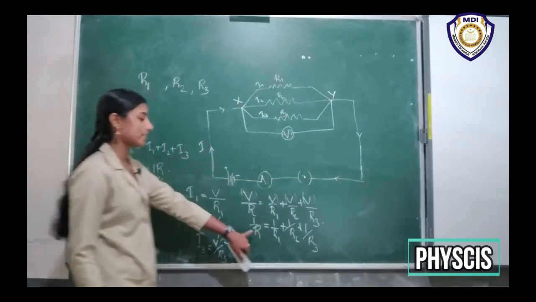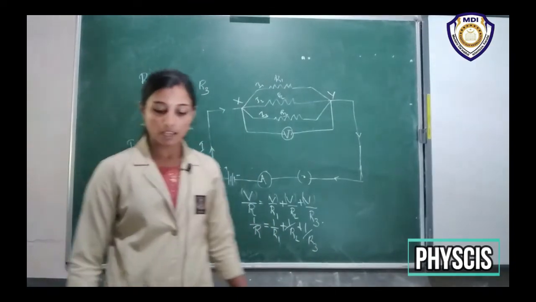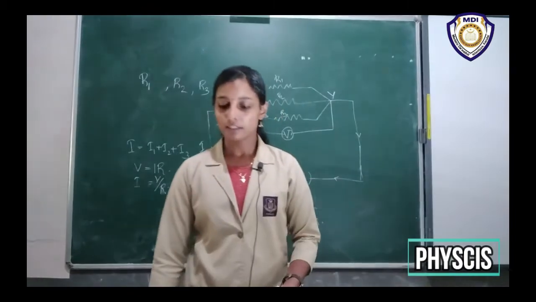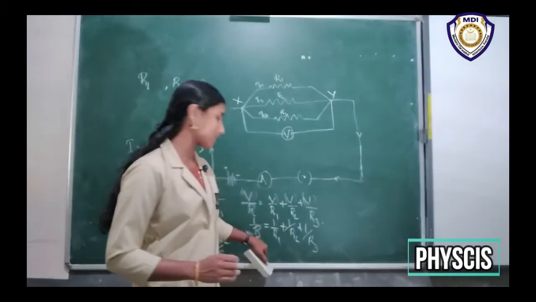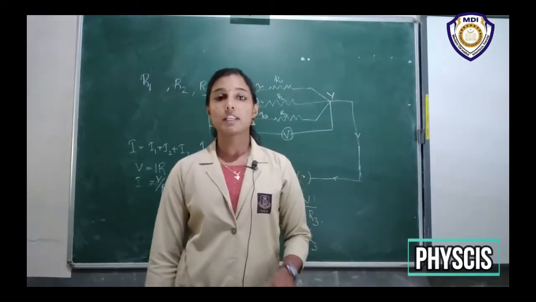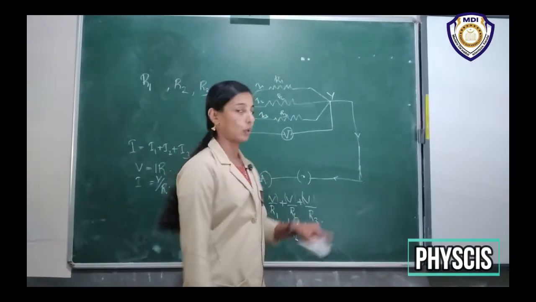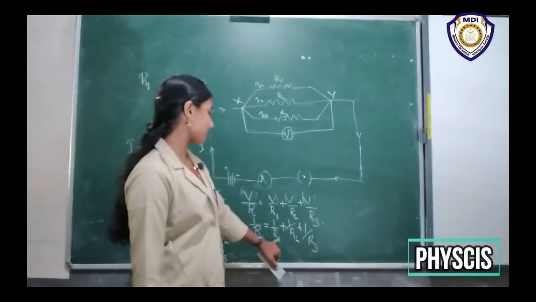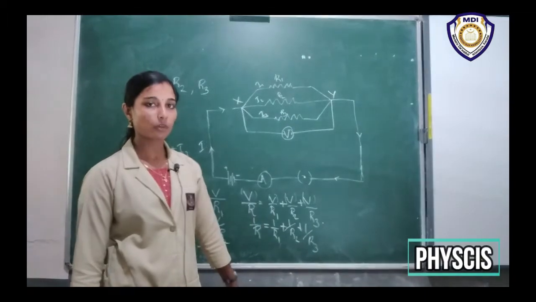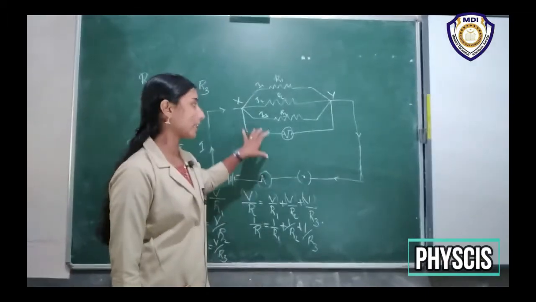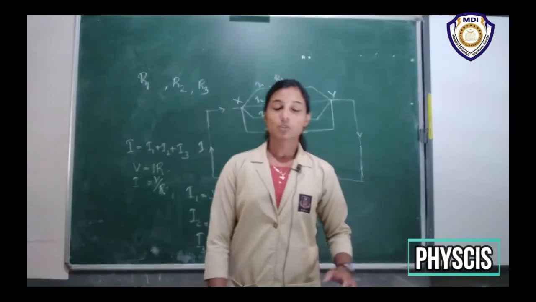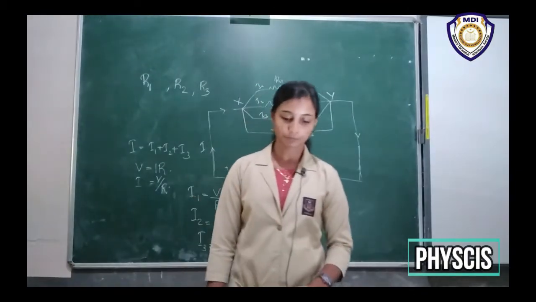That is what we said, that the reciprocal of the equivalent resistance is equal to the sum of the reciprocals of the individual resistors in this circuit. Okay, so this is how the parallel connection comes. Okay, so we can just go through your textbook.